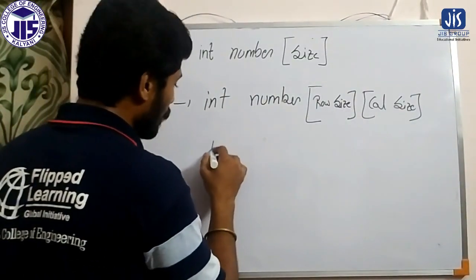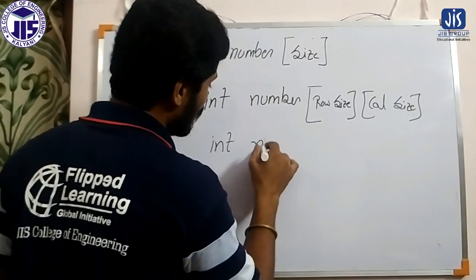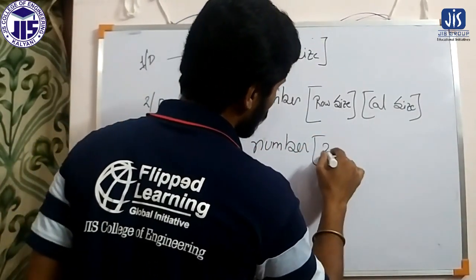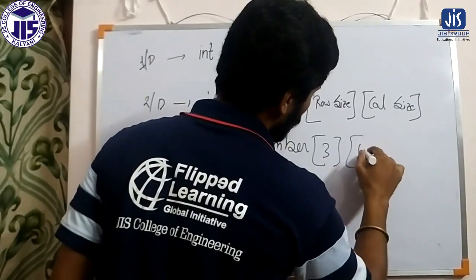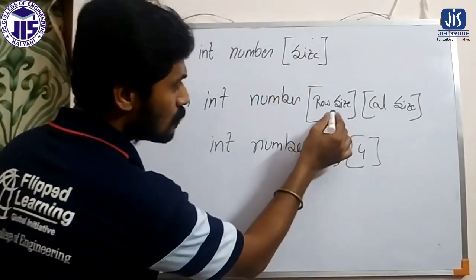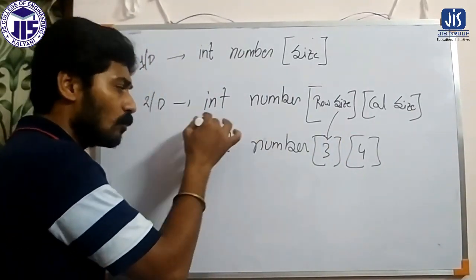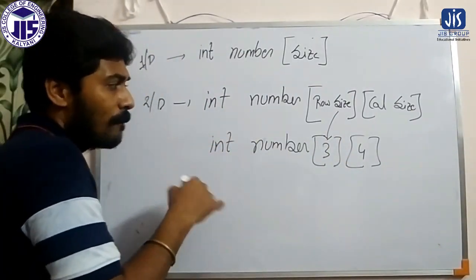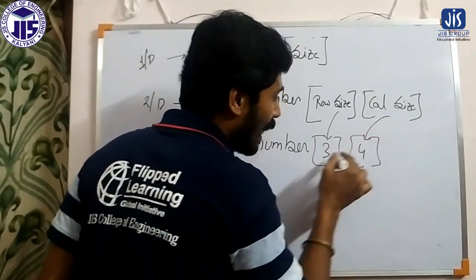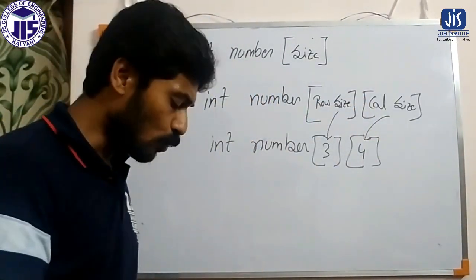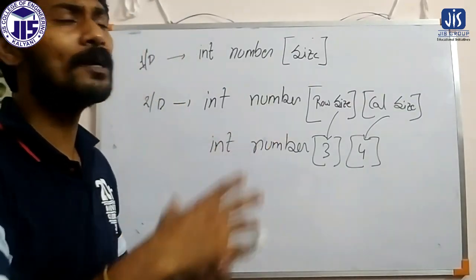So here we have to mention two sizes in a two-dimensional array. An example of a declaration is integer number[3][4]. That means we are creating an array named number which can store only integer data, and this array has 3 rows and 4 columns. So in total, how many elements can we store?